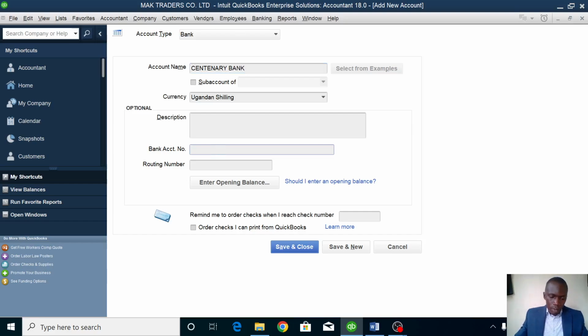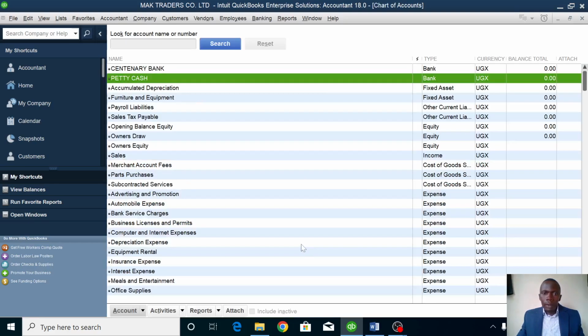The account number is 950011. We will save and new. We also have petty cash. Petty cash is also under bank. We save and close.